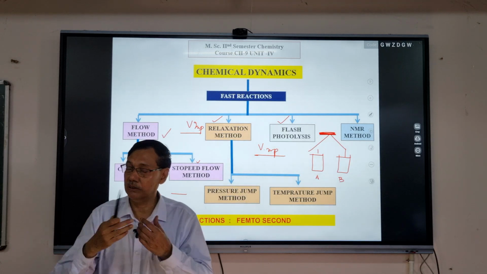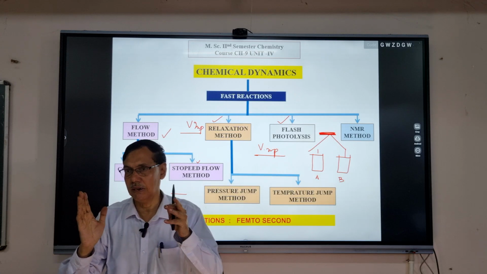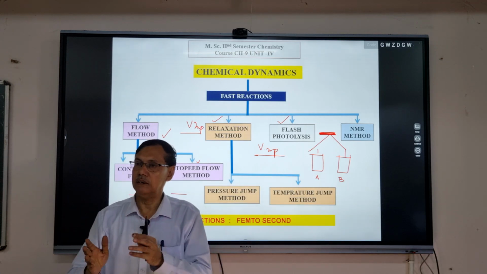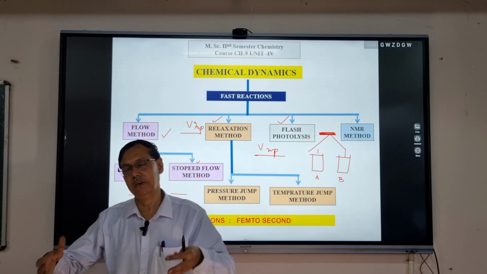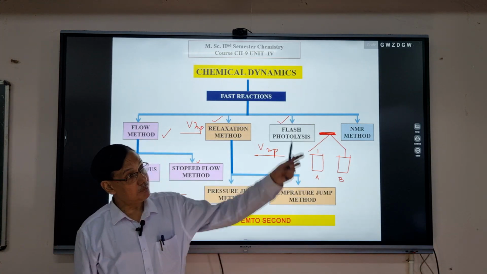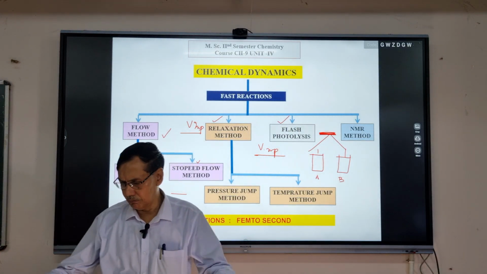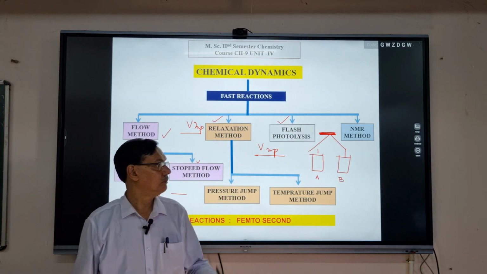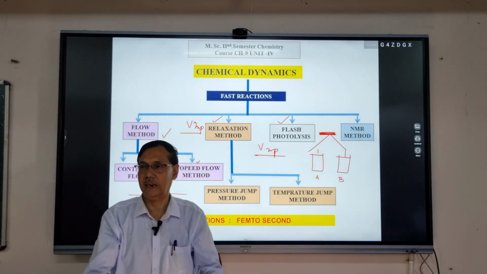Again I am just repeating these things. The concept is the same, there must be 2 reaction vessels. The only thing is that in place of a manual system, you need some electronics, a very automated system. It may be NMR, where there is an NMR tube. So there must be some system so that both the reactants are forced to flow within a fraction of a second.